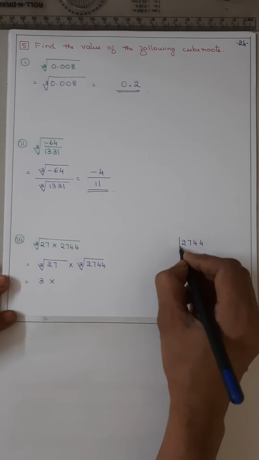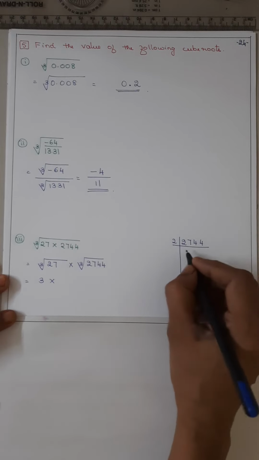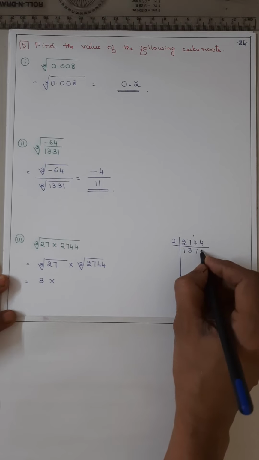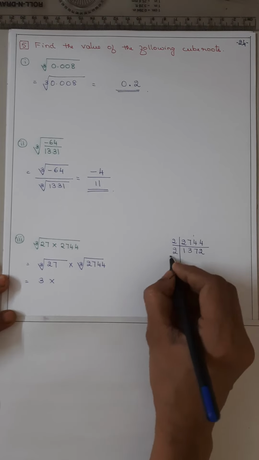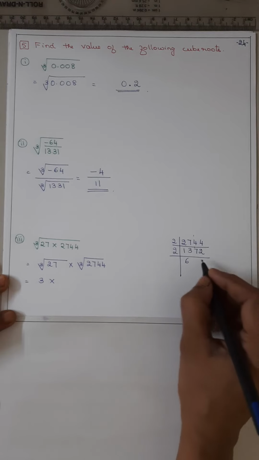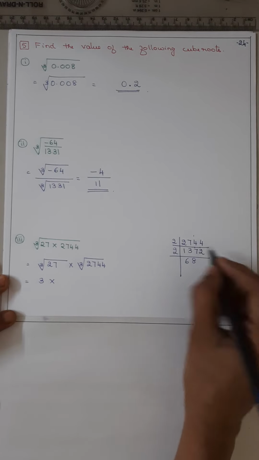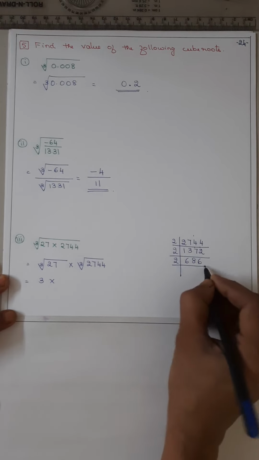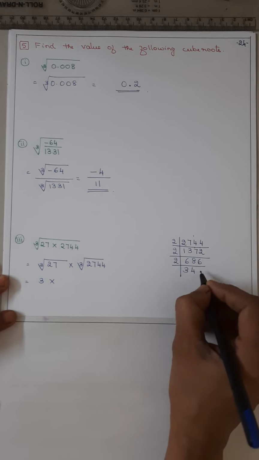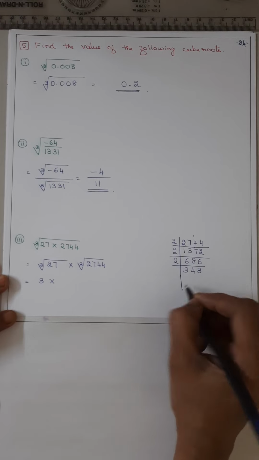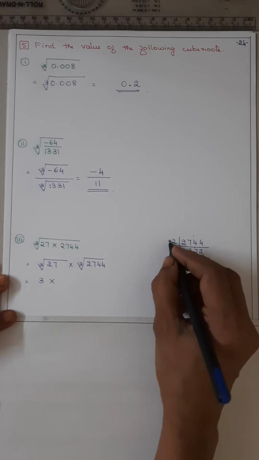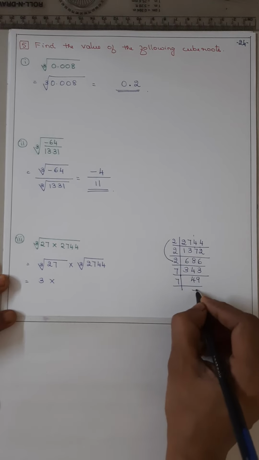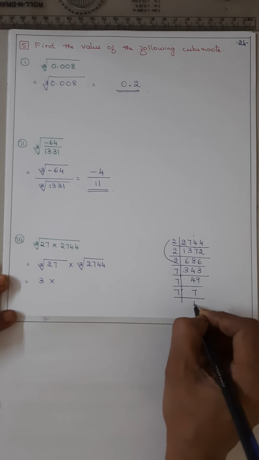For 2744, check: 2, 1s are 2, 3s are 6, 7s are 14, 2s are 4. 2, 6s are 12, 8s are 16, 6s are 12. 2, 3s are 6, 4s are 8, 3s are 6, 3, 4, 3 is 7, 49s are 7, 7s are 7, 1s are.